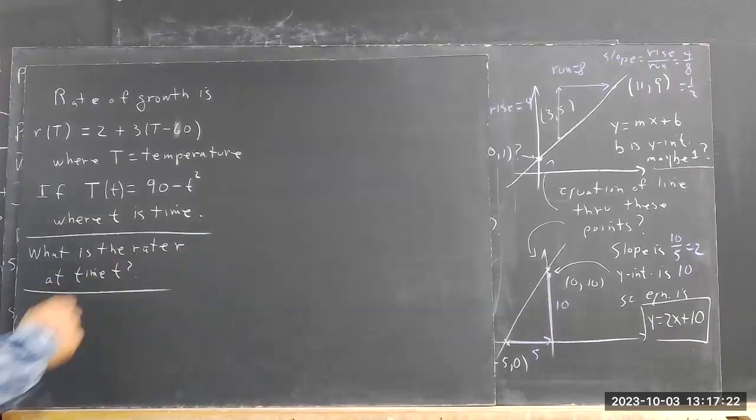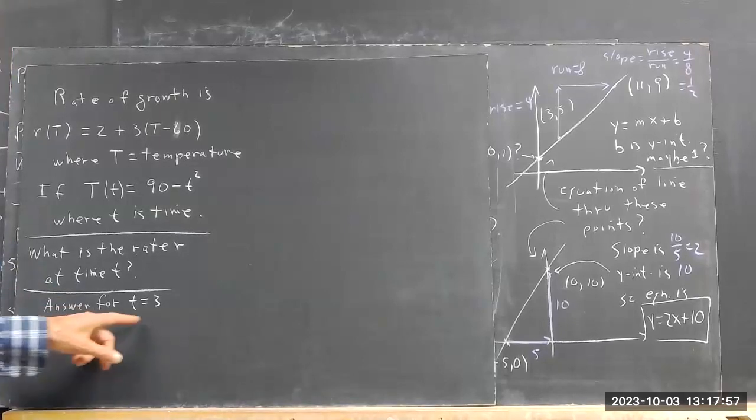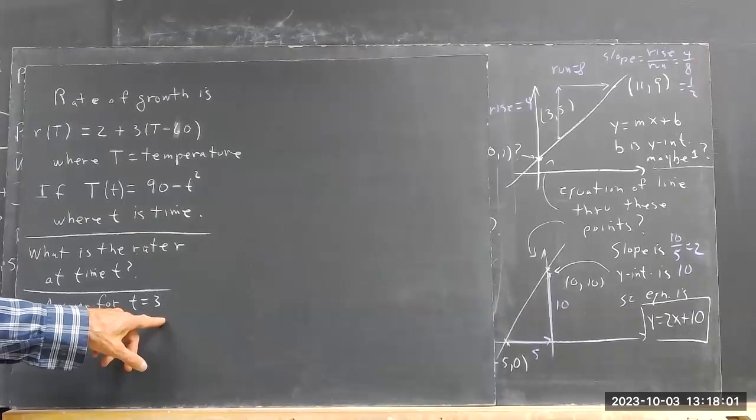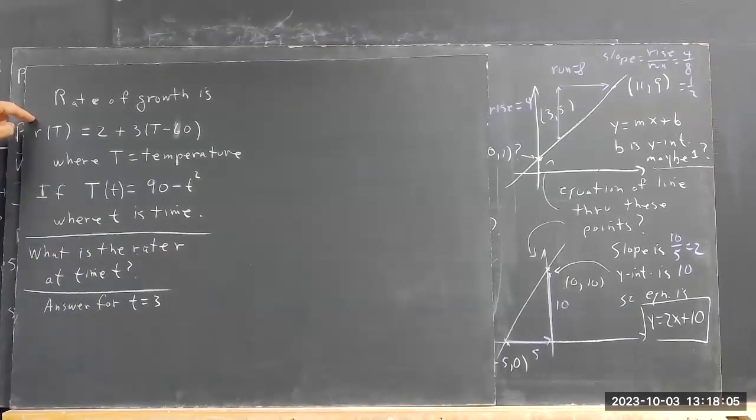What's the rate R at time t? If I tell you what time it is, can you find R? Okay, to make the question a little simpler, if you're given t equals 3, can you figure out what the rate is?